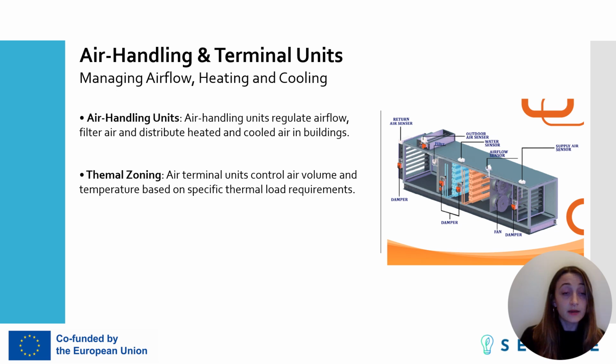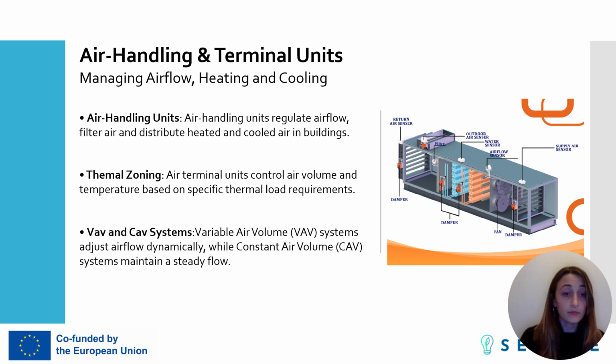Thermal zoning and terminal units control air volume and temperature based on specific thermal load requirements. We can have variable air volume systems, which adjust airflow dynamically, while another possibility is to adopt constant air volume systems, which maintain a steady flow.